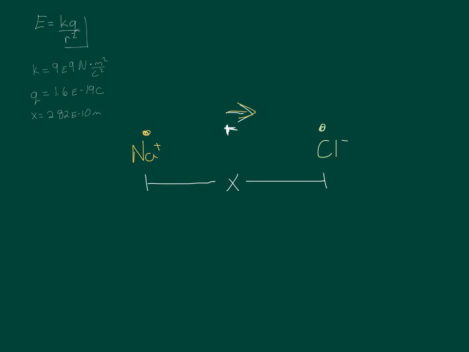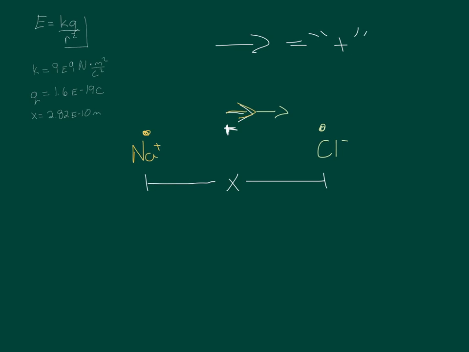But it would also experience a pull that way from the chlorine, right? Because the negative side is going to attract that particle. So overall, we know that our field is going to go to the right. So it's going to look something like this. I'm going to pick to the right to be positive.